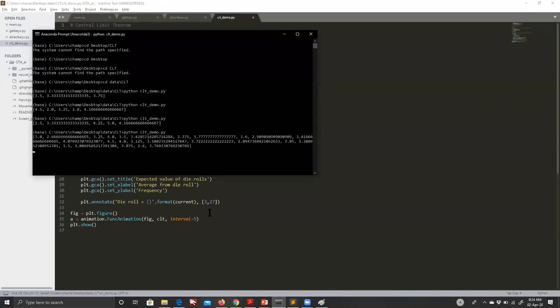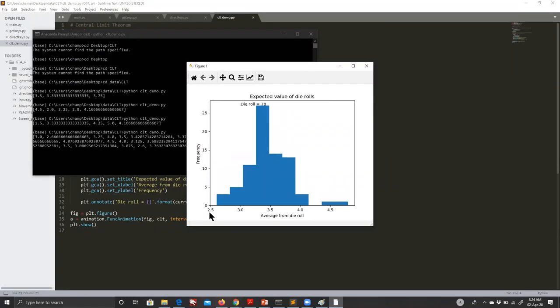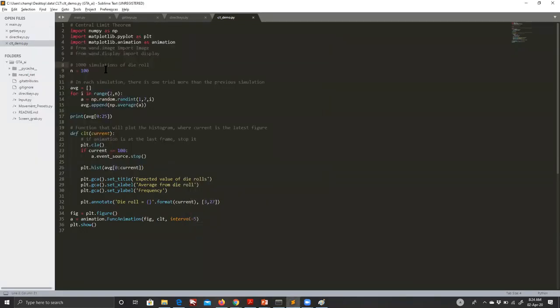Let's do this. And you can start to see, even though initially it might have looked different, now there is a much better centralization. And let's really increase the value this time. Let's go for 500. It's a good idea if we can change this one as well.